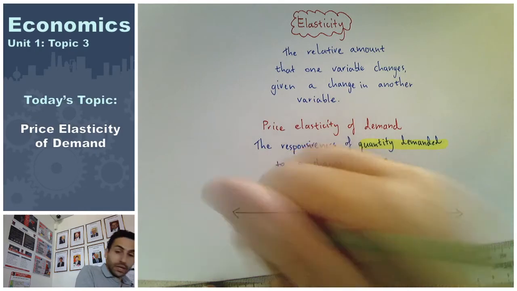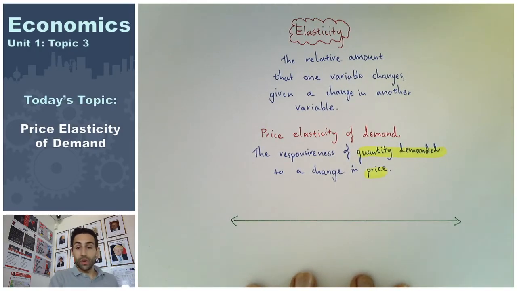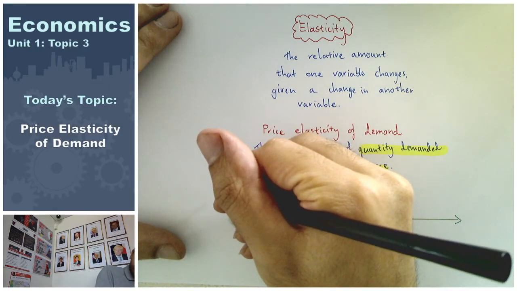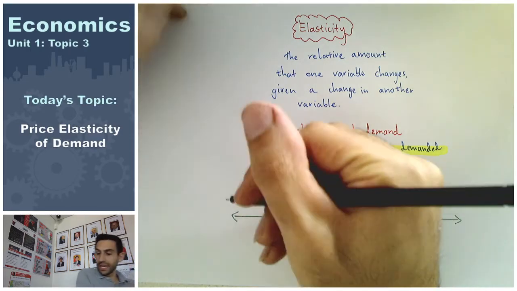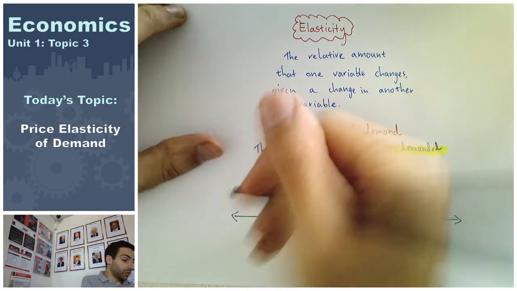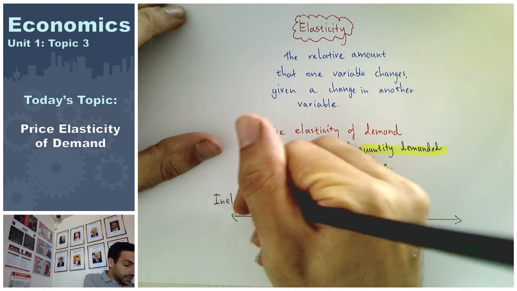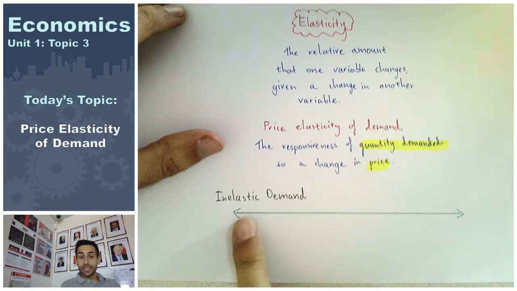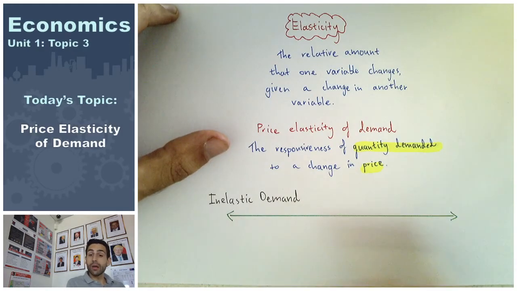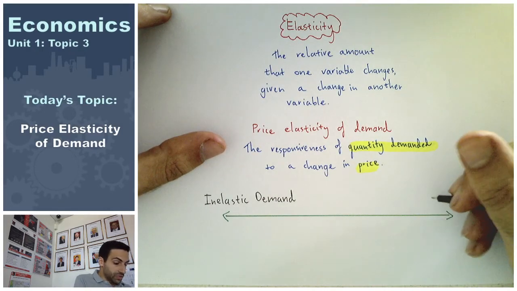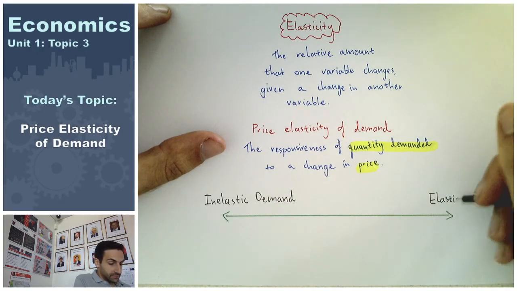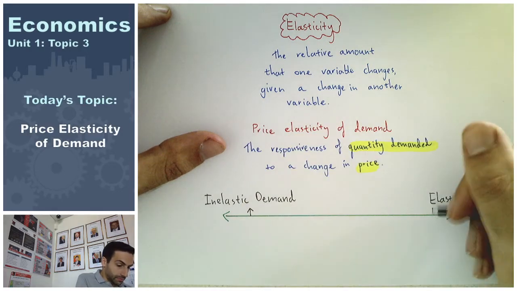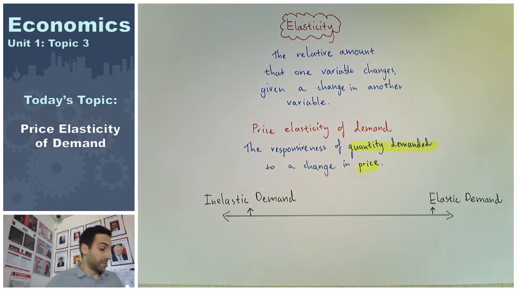So let's put on one side of the spectrum something called, we'll call it, inelastic demand. Okay, so inelastic demand is on one side of our elasticity spectrum. On the other side of the spectrum, let's put elastic demand.